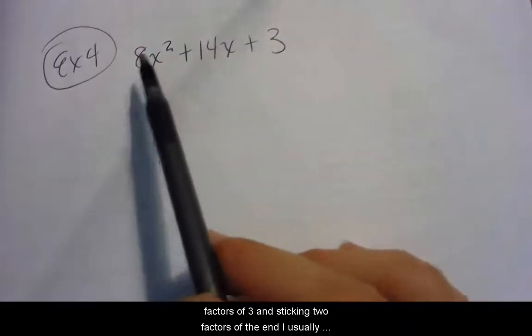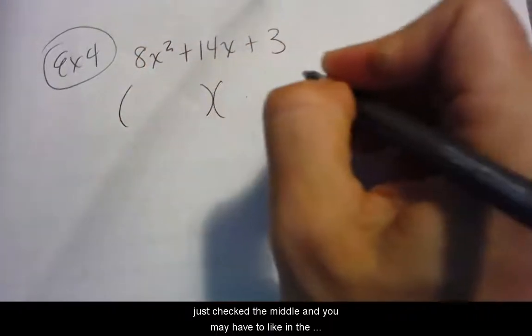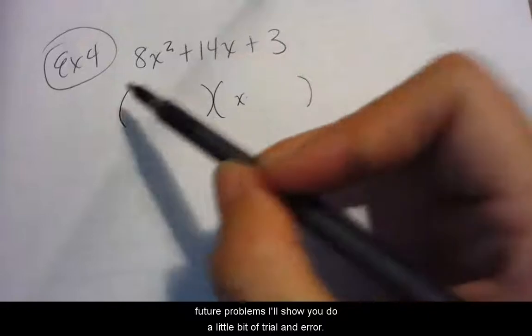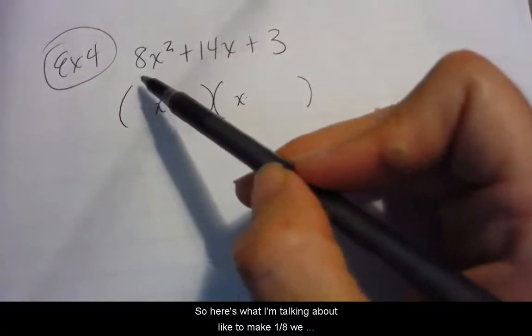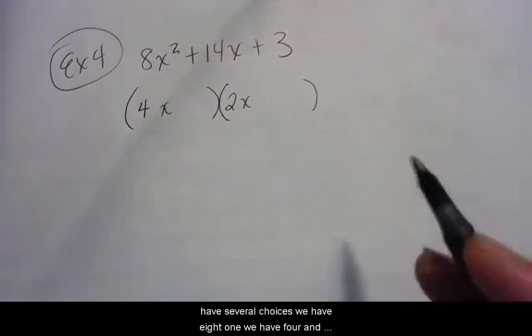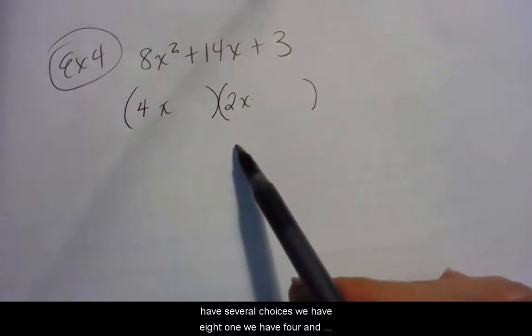Like to make an 8, we have several choices. We have 8 and 1, we have 4 and 2. So not sure which we're going to end up using. So we'll start with 4 and 2. If it works, then we'll go with that, and if it doesn't, we'll use 8 and 1.